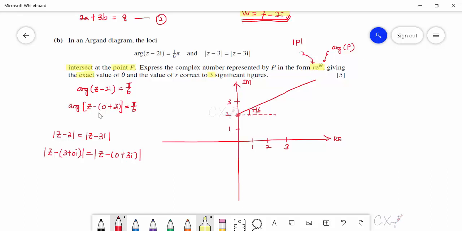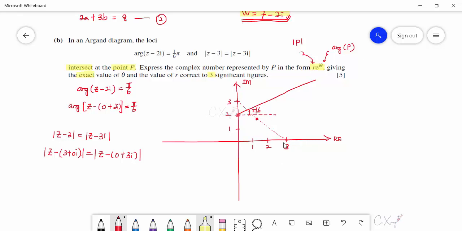All right, so therefore, this locus is actually the perpendicular bisector of (3, 0) and (0, 3). Okay, so you should know that this is (3, 0), this is (0, 3). So if I draw a very light line here, it is the perpendicular bisector. Perpendicular bisector means the midpoint between the two points, so I roughly sketch.